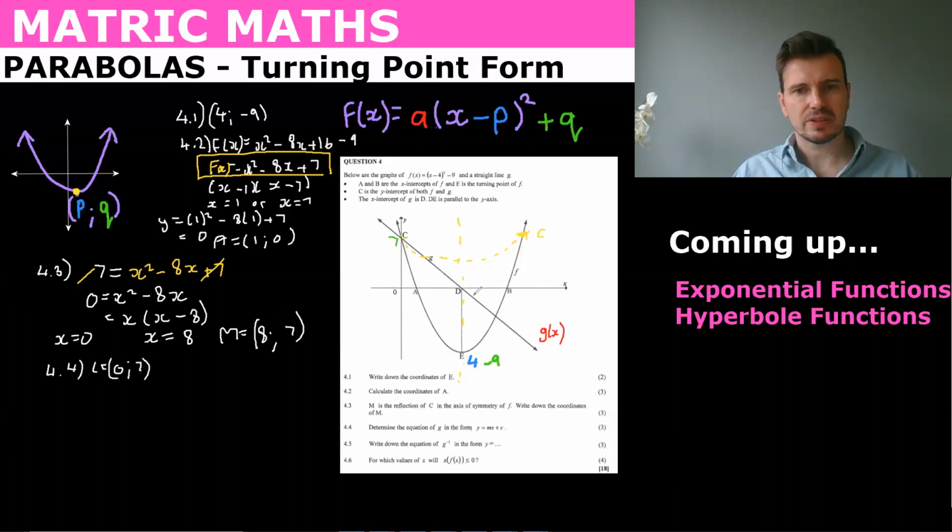Now the second point is we're probably going to look at D, because we know the x value of D is 4 because of our turning point.